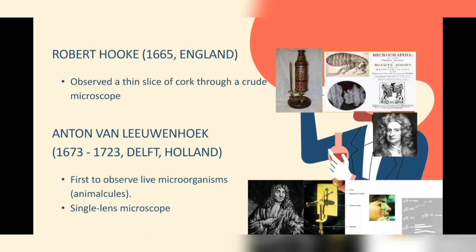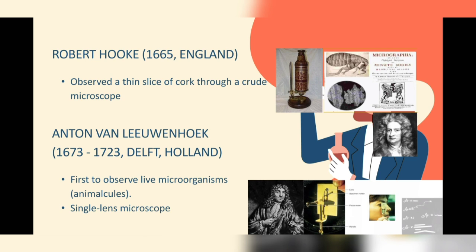a honeycomb. Dutch merchant and amateur scientist Anton van Leeuwenhoek was probably the first to observe live microorganisms through the magnifying lenses of more than 400 microscopes he constructed. Between 1673 and 1723, he wrote about the animalcules he saw through his simple single-lens microscopes.